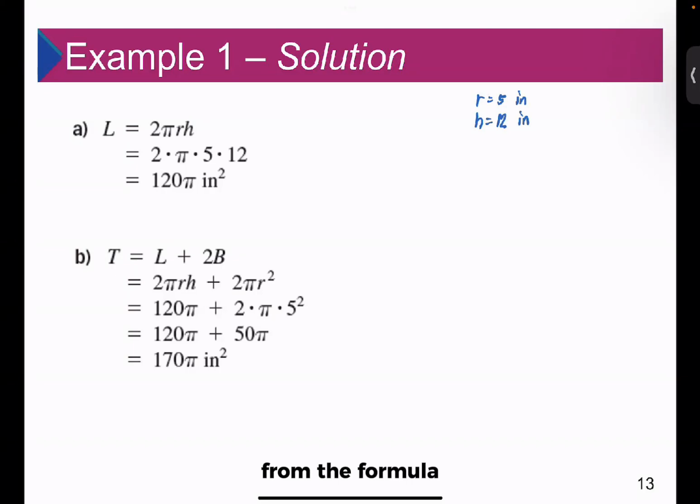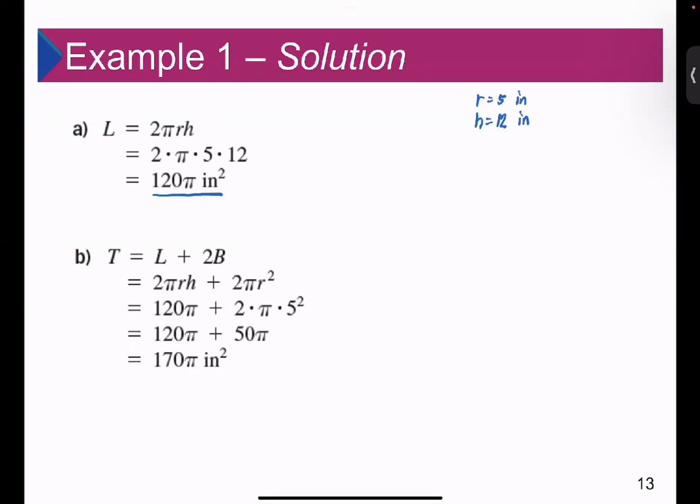From the formula, the lateral area is 2 pi r h, so 2 pi times 5 times 12. That would give us 120 pi square inches.